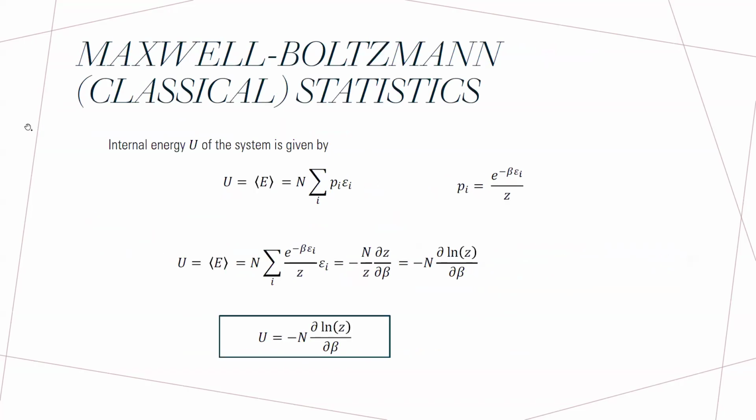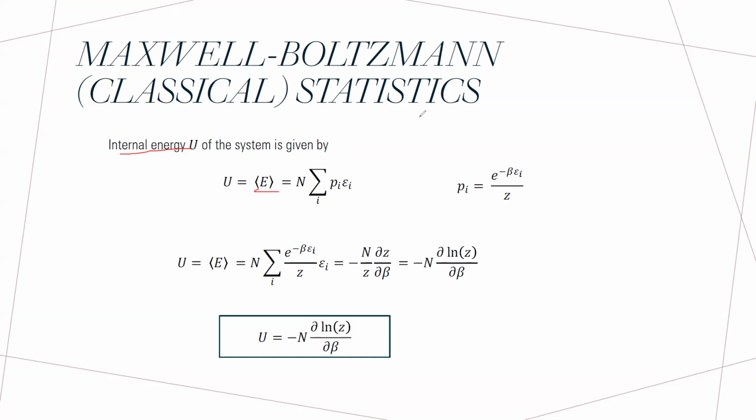Okay, now we want to calculate the internal energy. So internal energy is denoted by U. That is the average energy of the system.